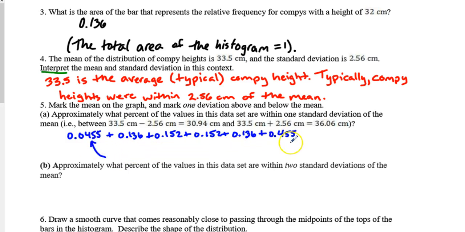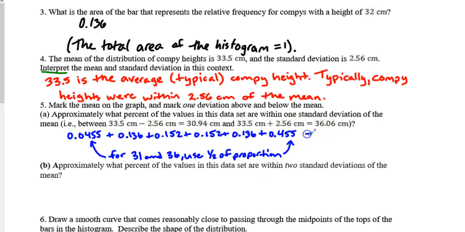Now we'll just make a little note here. Okay, so I'm going to use half of the proportion for each of those.